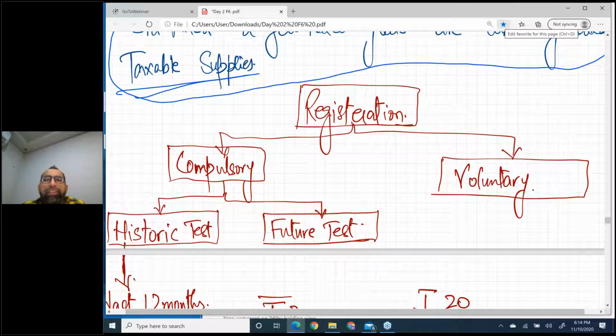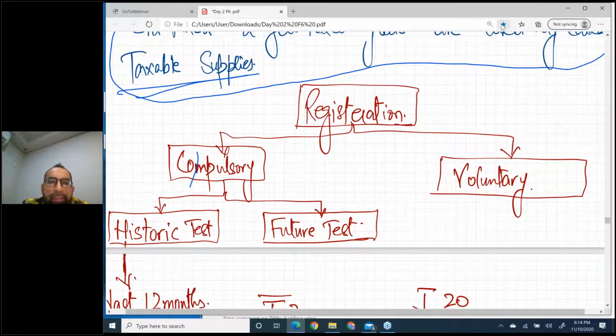There are two types of registration. Number 1 is compulsory. Compulsory means that you have no option. Once you reach a limit, you have to register. First of all, we are doing compulsory registration.